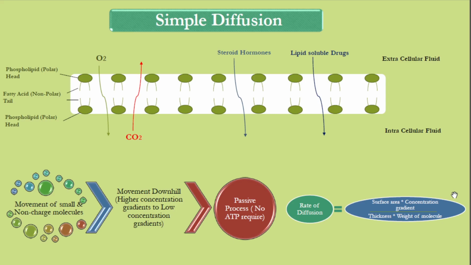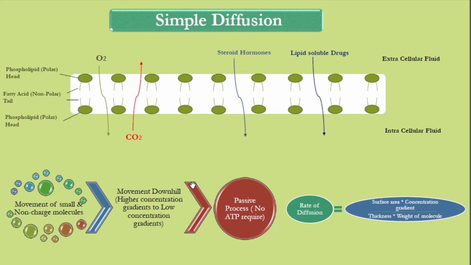The first one under transcellular transport is simple diffusion. This diffusion is also known as passive diffusion. It is known as simple diffusion because the molecules are transported from higher concentration to lower concentration.